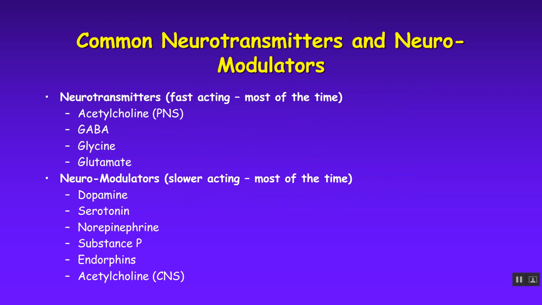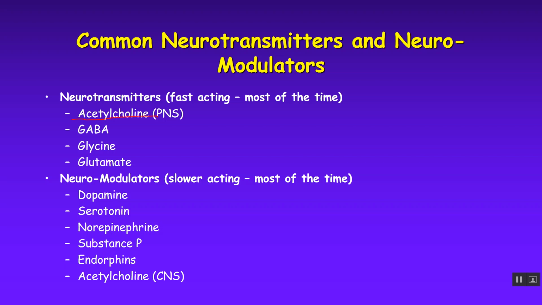So these are the most common neurotransmitters and neuromodulators. The first is neurotransmitters. And I say fast acting most of the time. It's not 100%, but most of the time these are fast acting, bind to a receptor, cause a channel to open or close, and be done, okay? And quick acting.